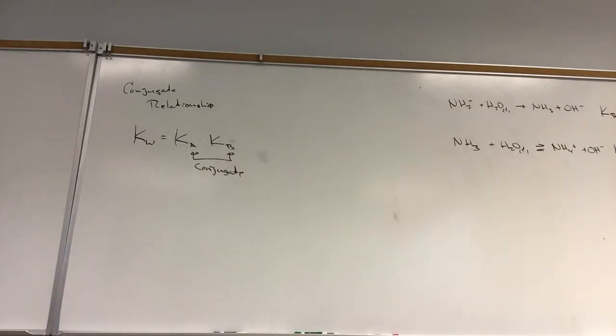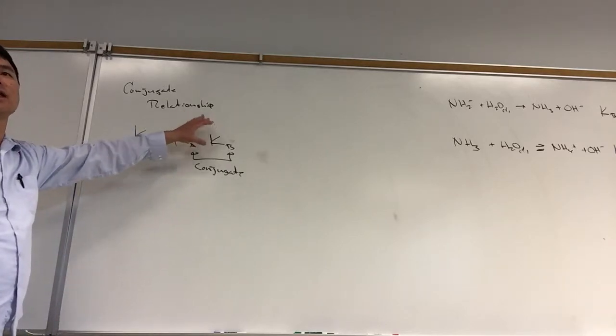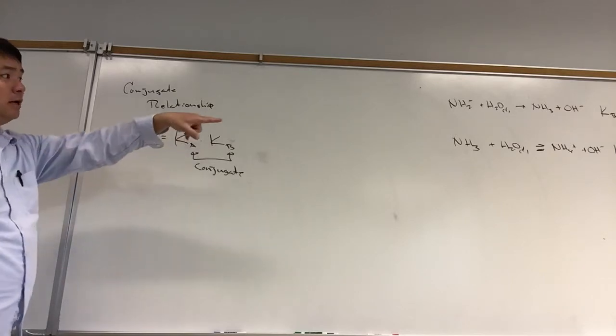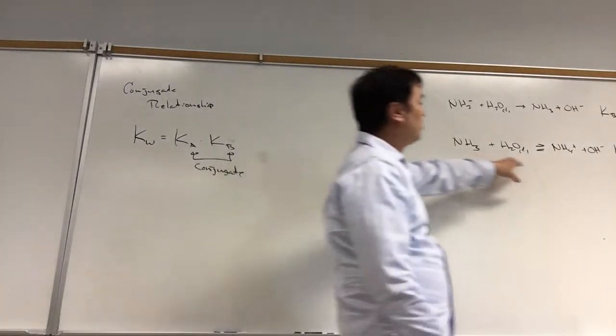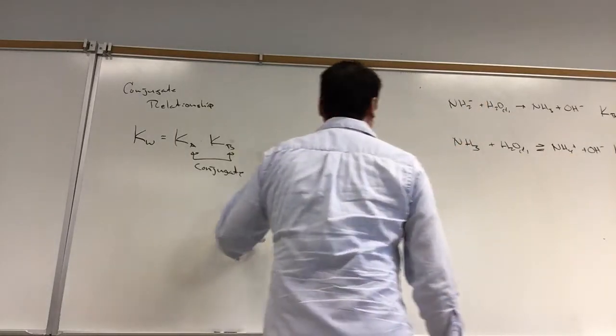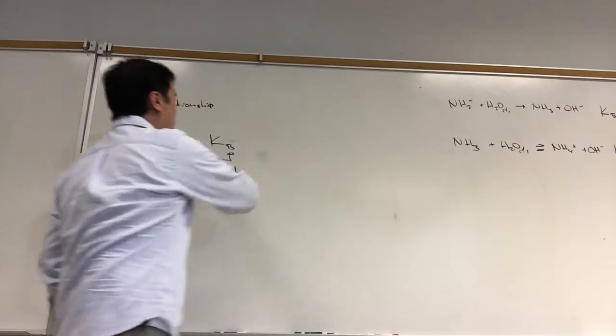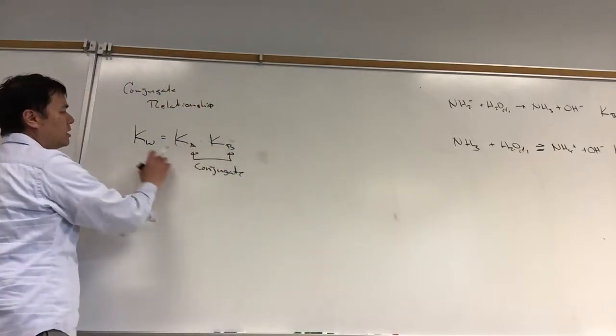We would have to know what Kw is. If you write out the expressions, you'll see it cancels out. If you write out the Ka for ammonium, and then write out the Kb for ammonia, and then cancel out all the terms, you're just left with hydronium times hydroxide, which is Kw.